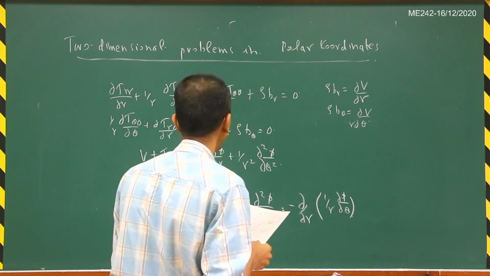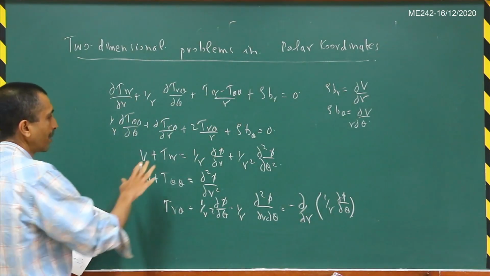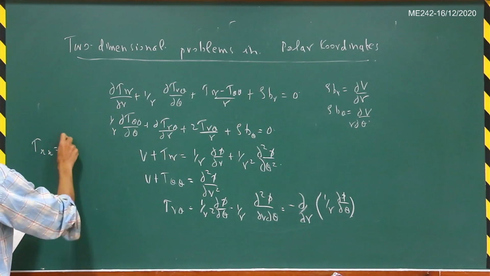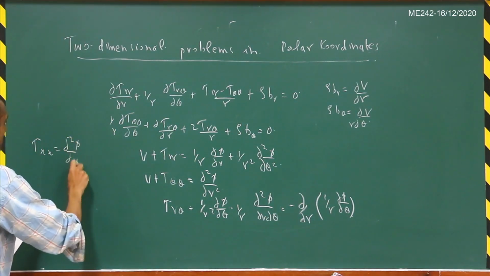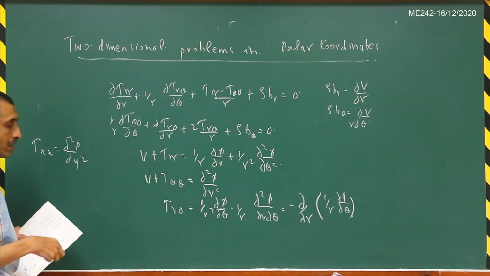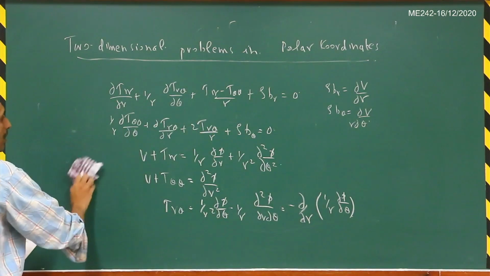So these are the three relations in terms of the Airy stress function. If you recall, for our Cartesian system, it was τ_xx equal to ∂²φ/∂y² and so on. So these relations are analogous to the relations for a Cartesian coordinate system, right?